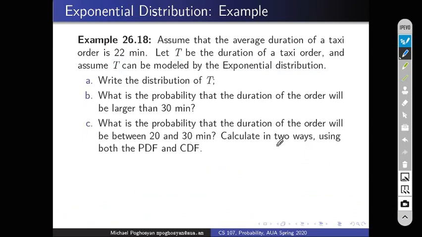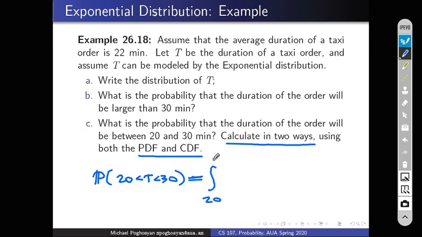Now, part C: what is the probability that the duration of the order will be between 20 and 30 minutes? Calculate in two ways using the PDF and CDF. So we are asked to calculate the probability that t is between 20 and 30. If I want to calculate by using the PDF, I need to integrate that PDF from 20 to 30. The PDF in this interval is given by lambda, 1 over 22, times e to the minus lambda times t, dt.